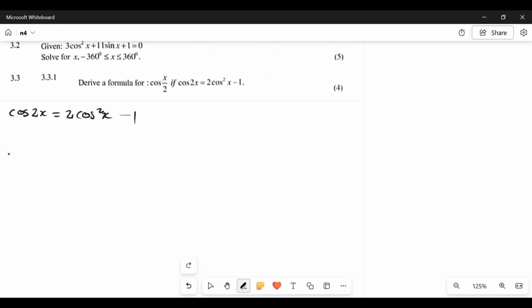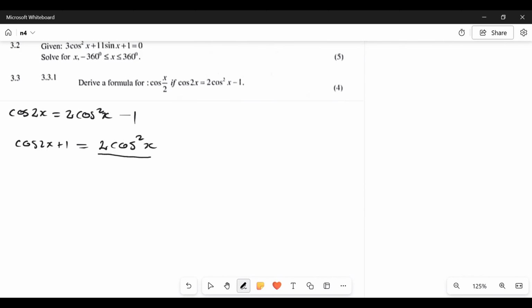So let's do it. If you transpose that negative 1 to the left hand side, we're going to have positive cos 2x plus 1, because this one's going to be positive, and on the right hand side we're going to be left with 2 cos squared x. There we go. From here we have to divide by the coefficient of cos squared, which is 2.